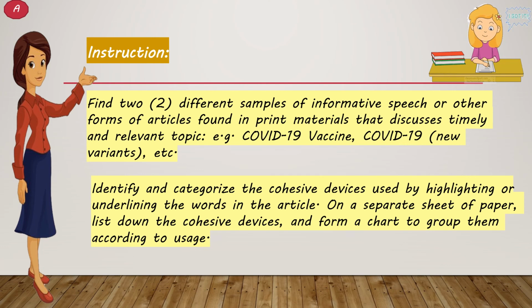And on a separate sheet of paper, you're going to list down the cohesive devices and form a chart to group them according to usage. So it's up to your teacher what tasks they are going to assign.